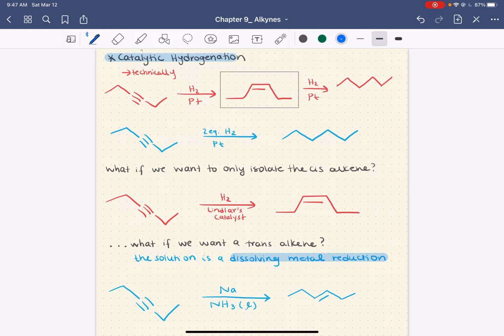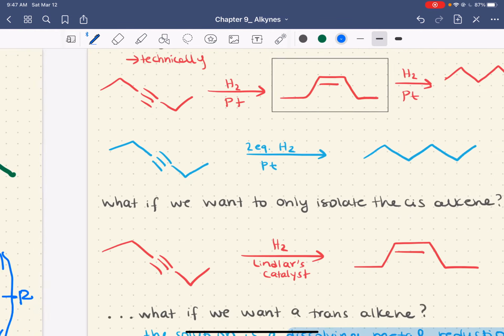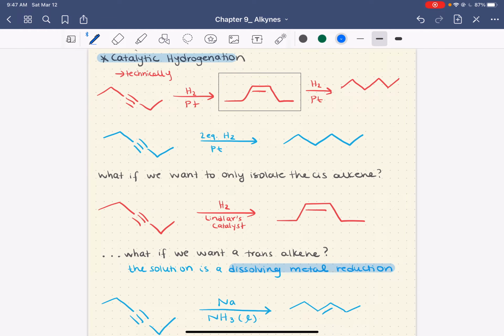Fantastic. Now, with that being said, just like alkenes, double bonds, alkynes undergo a lot of the similar types of reactions we saw in chapter 8, one of them being catalytic hydrogenation. So we can add hydrogens to our triple bonds to take them to double bonds or even single bonds.